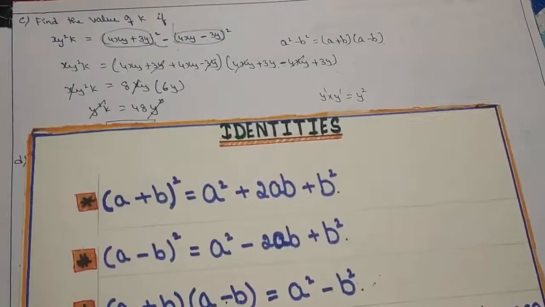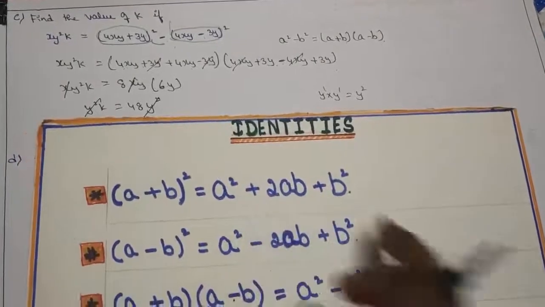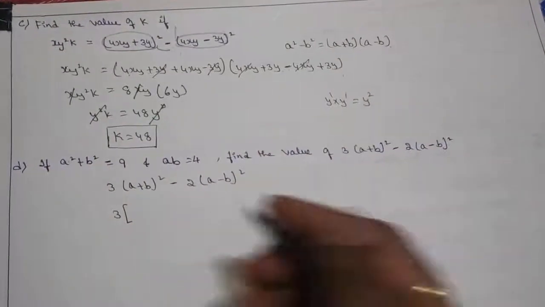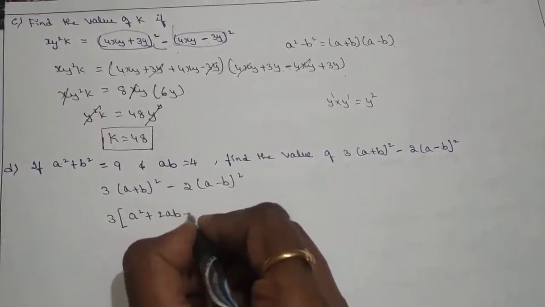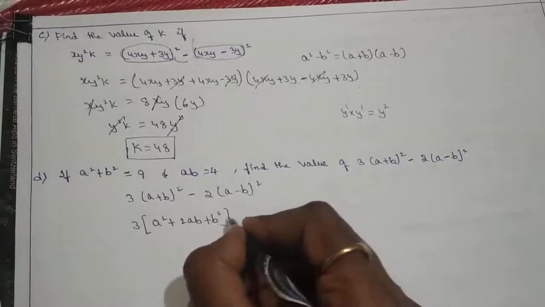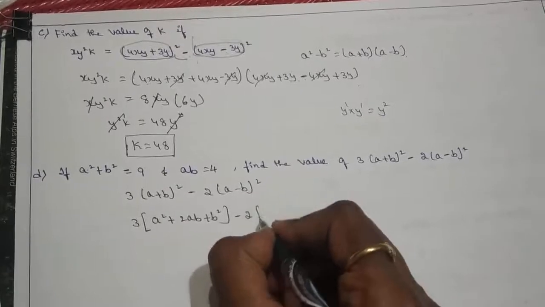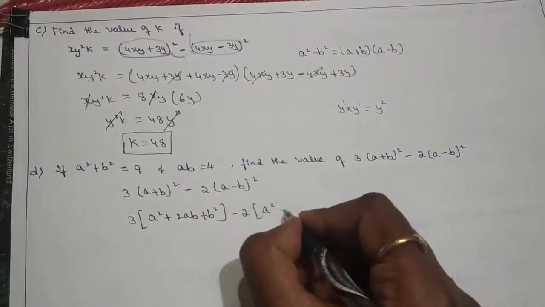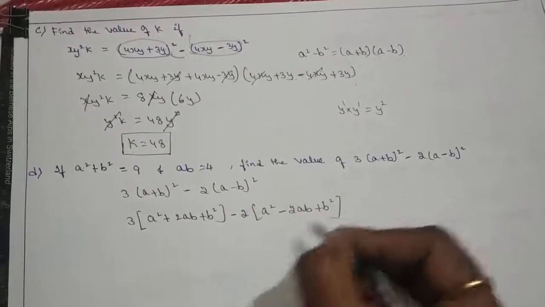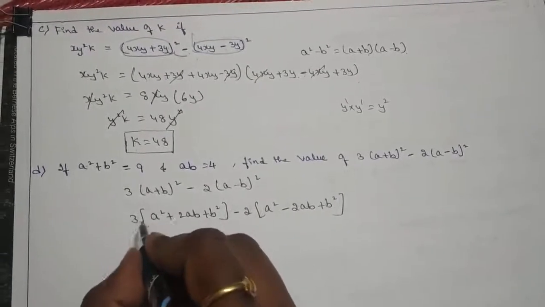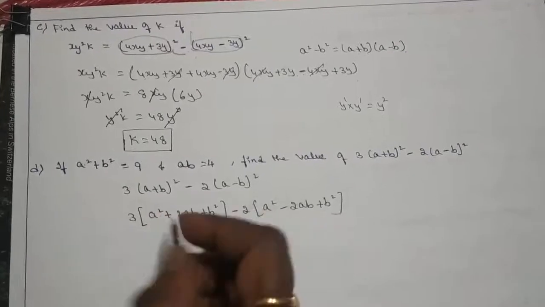(a plus b) whole square is nothing but a square plus 2ab plus b square. Then, a square plus 2ab plus b square minus 2 into (a square minus 2ab plus b square). Now substitute, multiply the monomial with the trinomial.